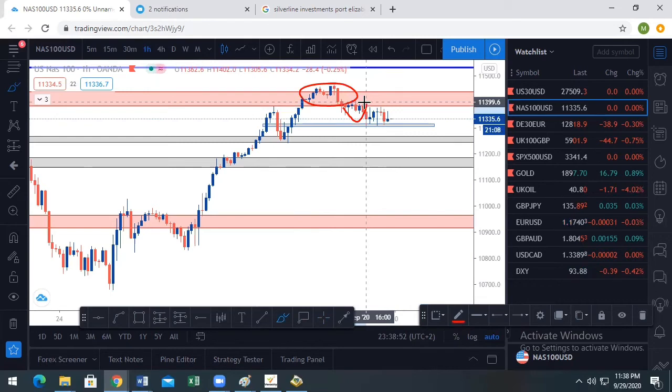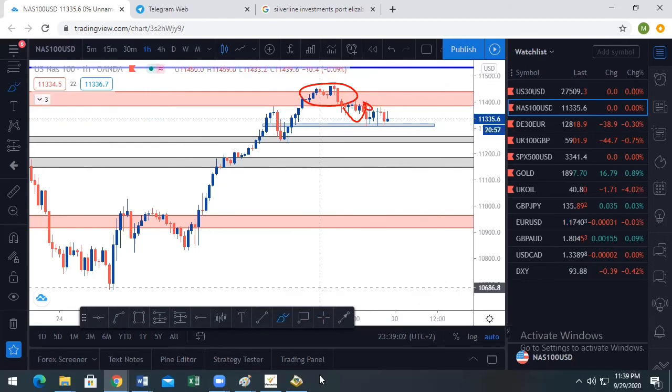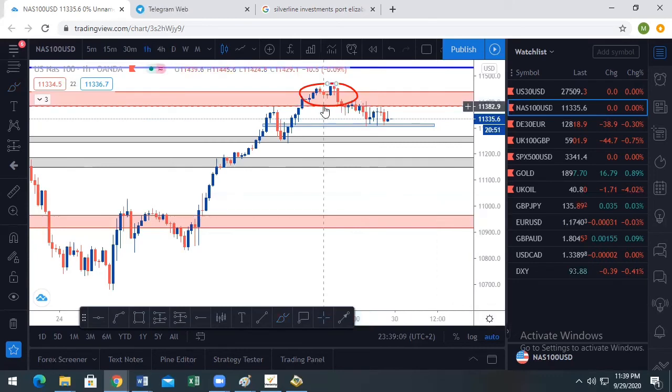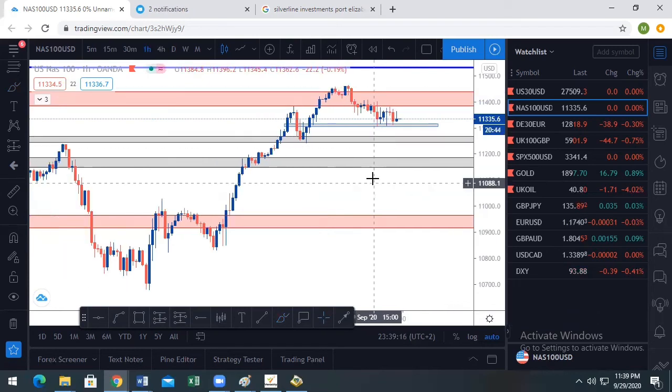Then we take our sell entries or buy entries, and we ride the market down to the next zone. We need to understand what market we're trading. One thing I've learned is that NAS 100 is a zone-to-zone trade. Once it breaks a zone, it moves to another zone, but we always wait for that retest on the previous zone before we move to the next zone.